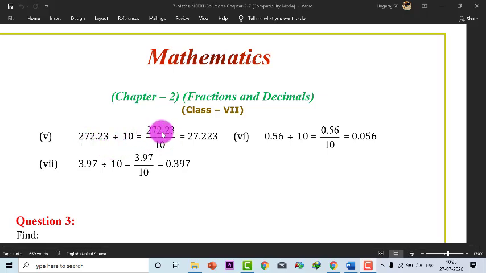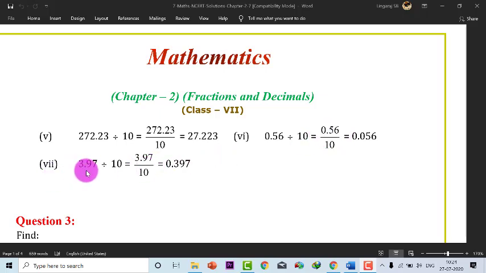Here the point moves one place. So the answer is 27.223. The sixth one, 0.56 divided by 10, will be written as 0.056 because the point moves one place.